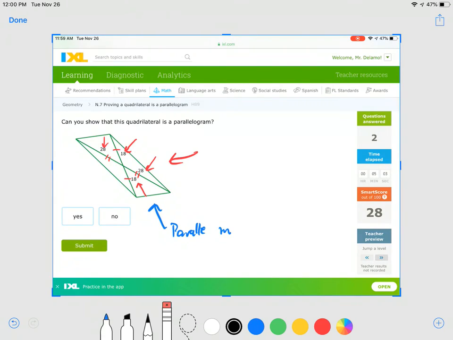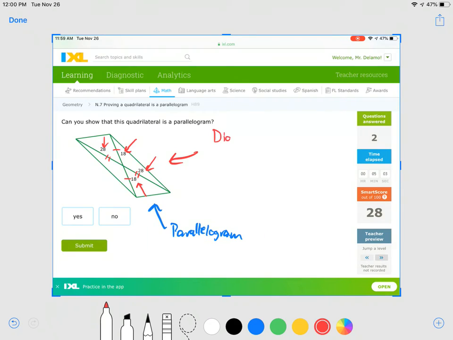Totally spelled that wrong. Parallelogram. Okay. So this is a yes, because the diagonals bisect each other. So that's a little bit fascinating, the fact that you can do this logical jump.